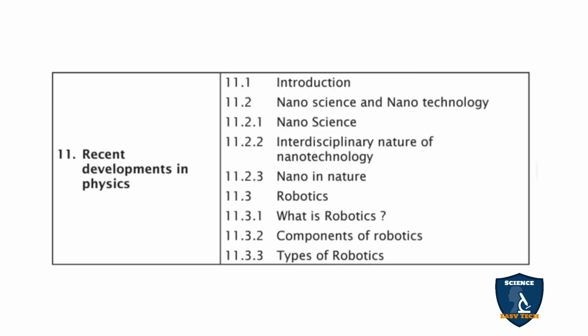So 11th chapter, recent developments in physics. 11.1 introduction, 11.2 nanoscience and nanotechnology, 11.2.1 nanoscience, 11.2.2 interdisciplinary nature of nanotechnology, 11.2.3 nano in nature, 11.3 robotics, 11.3.1 what is robotics, 11.3.2 components of robotics, 11.3.3 types of robots.